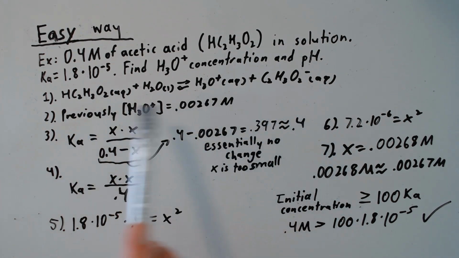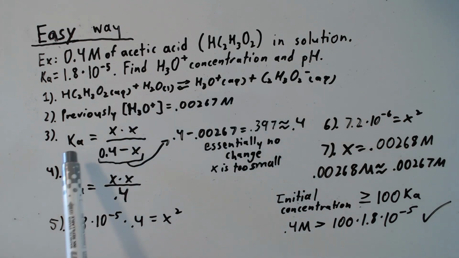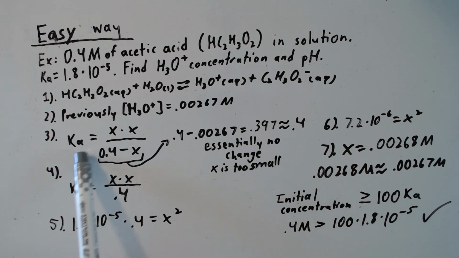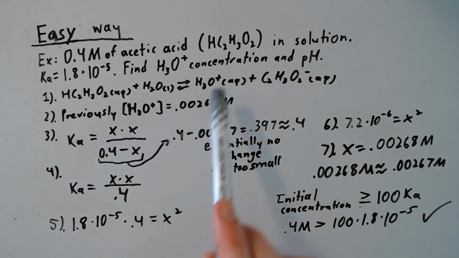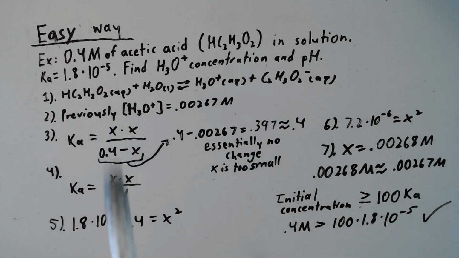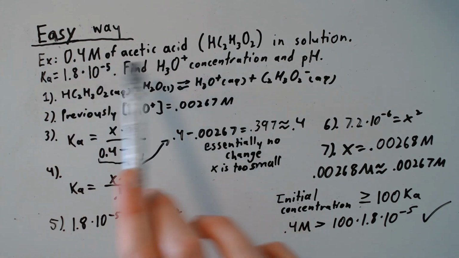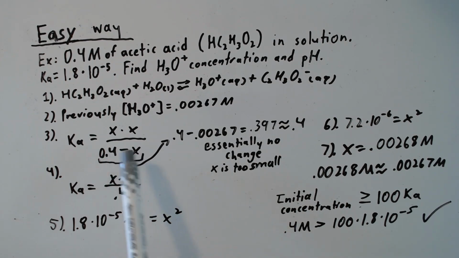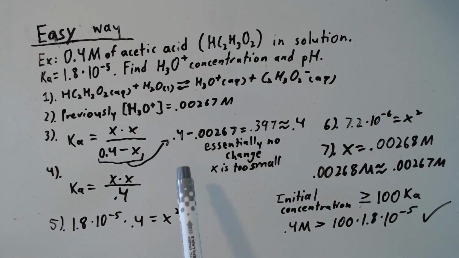But we start out with the same step initially. We draw our equilibrium equation here, with the Ka equaling the two x's on top for each one of these, x times x, and on the bottom the 0.4, the initial concentration of acetic acid, minus x, the concentration of it that dissociates to form the x on top and the other x on top.